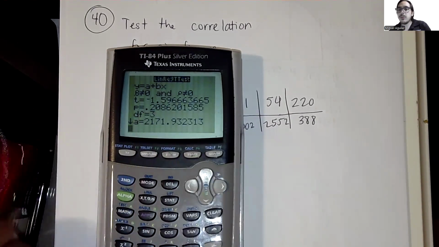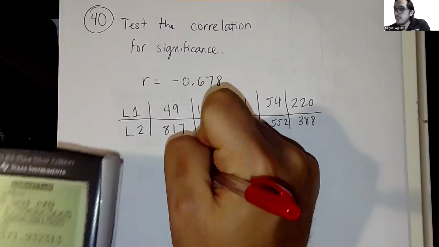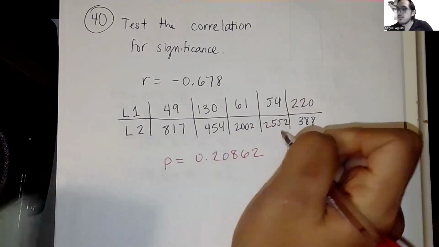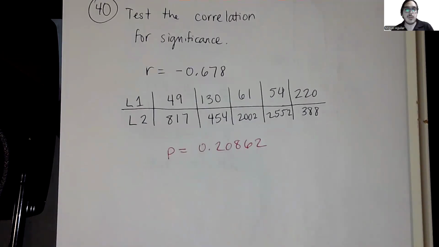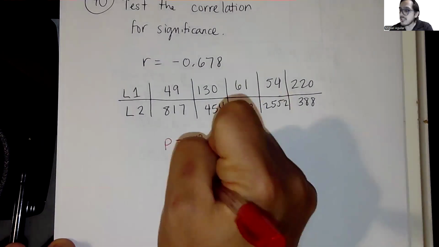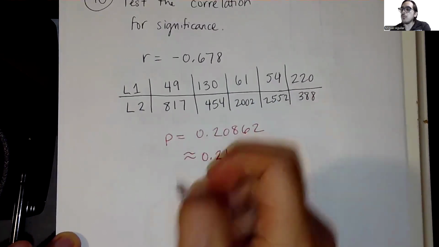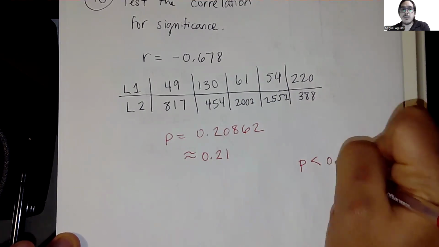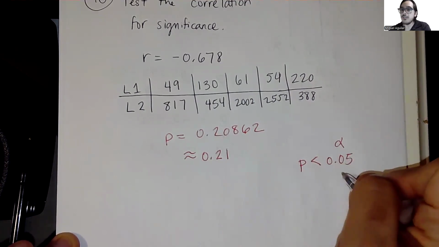When we computed our p-value, we got p is equal to 0.20862. I'm just going out 5 decimal places again arbitrarily. If you want to round that off to 3 decimal places, that's fine. 2 decimal places, that's about 0.21. We wanted our p-value to be less than 0.05 because this was our significance level.